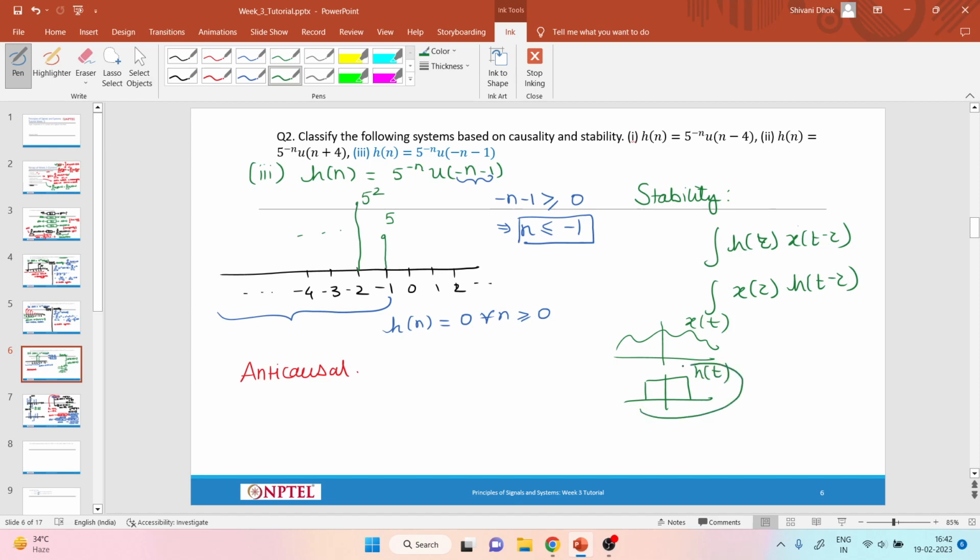This is more handleable, a simpler signal. So the simpler your signal is, use that signal for the flip and shift operations. When you solve the examples, you will understand that this signal is very simple and more handleable with respect to shifting and flipping.